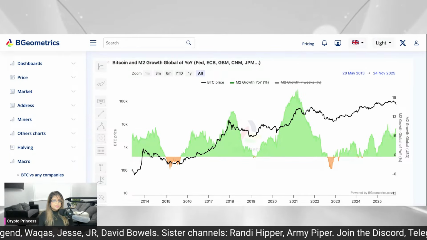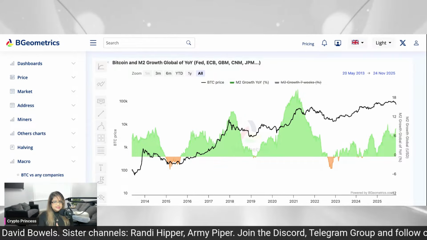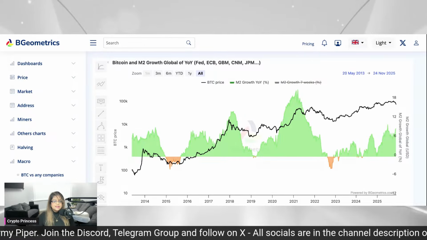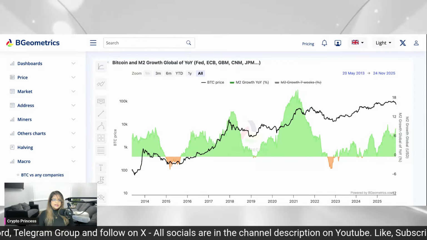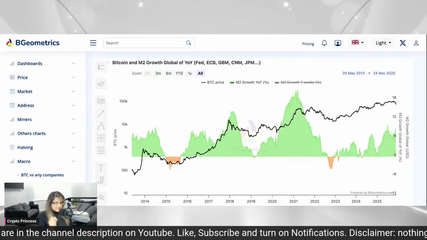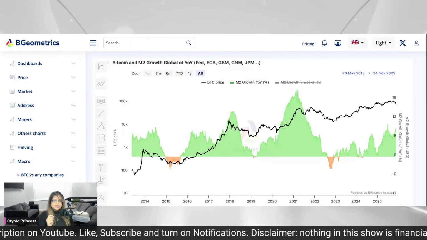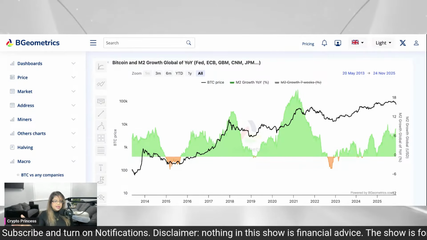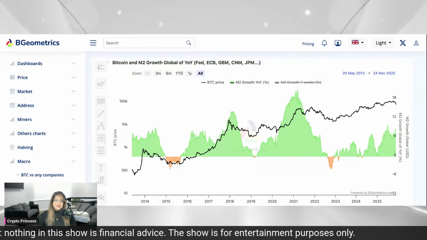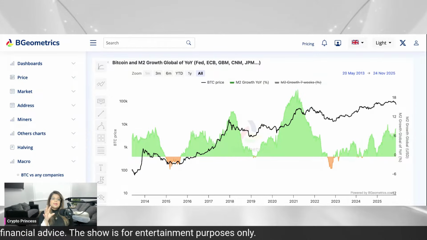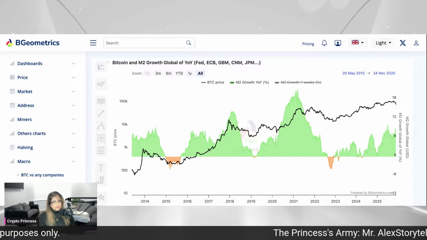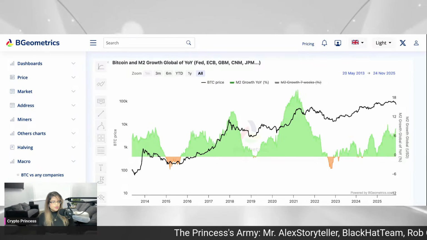And we will go into the macro as well, because it's really important to understand these divergences. Let me tell you why there's a lag and why we use specifically the 86-day lag and the 110-day lag. We've just spoken about the rotation. The M2 money supply rises first, Bitcoin rises afterwards. Now, when the money rotates, if it goes into the bond market, it goes there for 1 to 4 weeks.